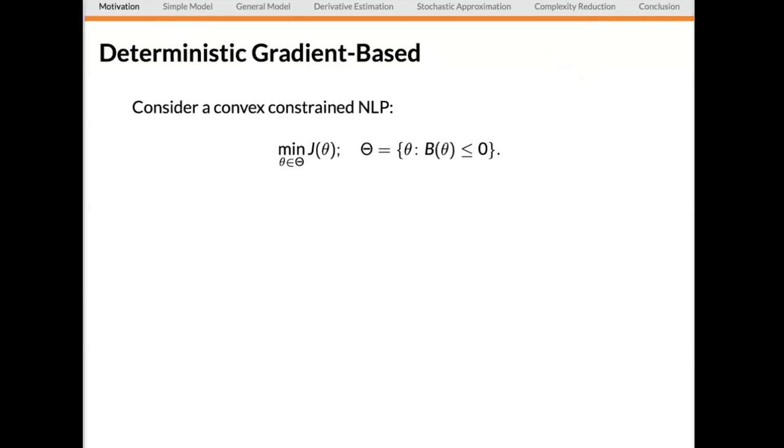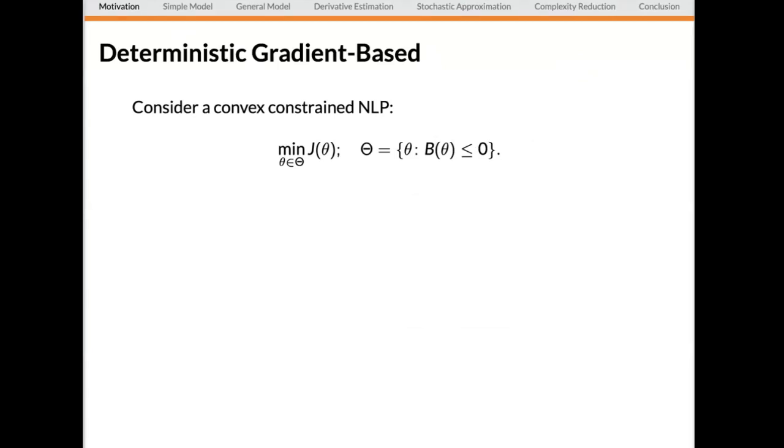All right, so this is a preliminary that I am assuming most of you will know, because I'm going to be referring to it. This is when we have deterministic gradient-based optimization. J of theta is the cost function that we want to minimize.